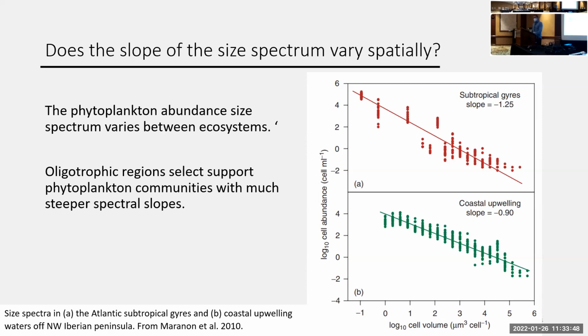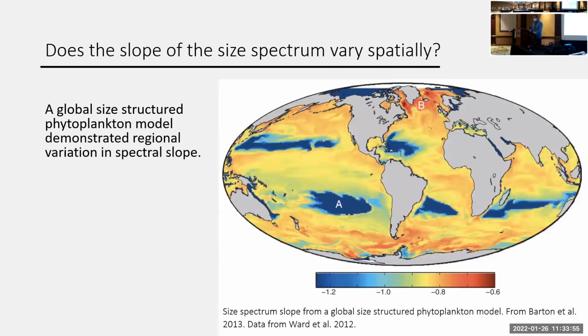So obviously there's some suggestion that the phytoplankton size abundance spectrum varies spatially. Here I show another plot of regional variability in phytoplankton size spectra from a global size-structured phytoplankton model. A more negative slope in blue indicates a phytoplankton community that is more dominated by small organisms.